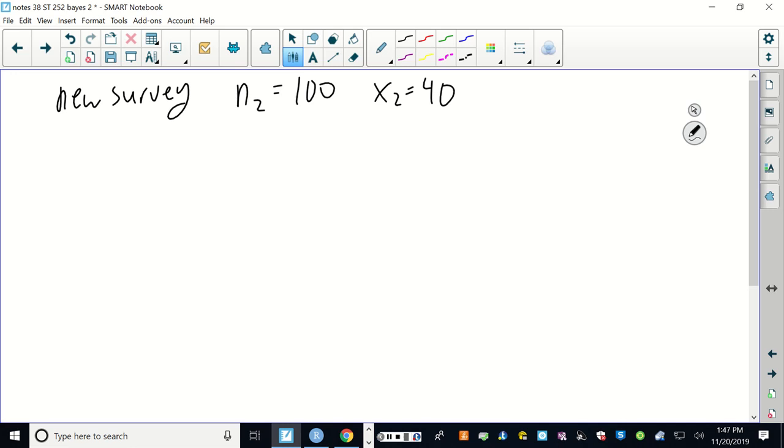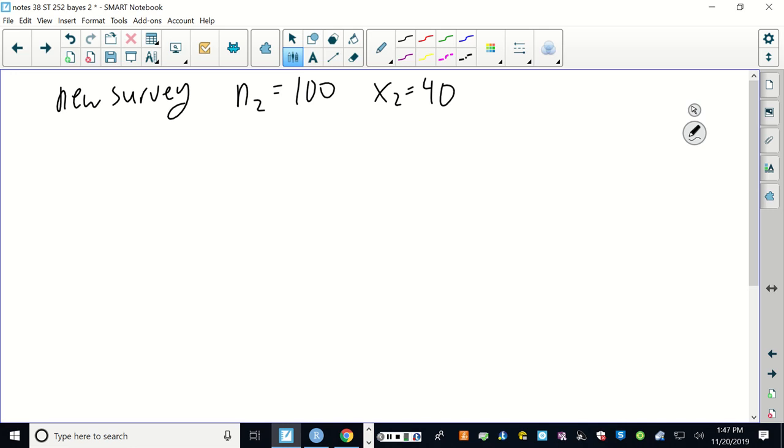Update? Yeah, there's an update. We had a prior that was beta, and then a binomial likelihood, and that gave us a beta posterior distribution. Then as we get new data, we multiply it in and update it again, using the first posterior distribution as our new prior. Update it with more information.